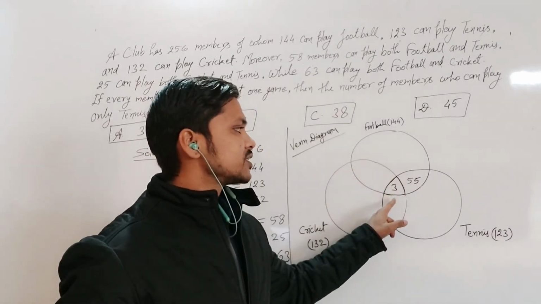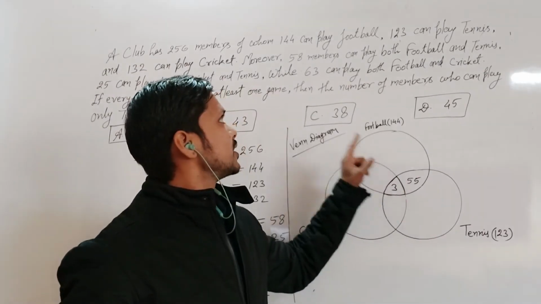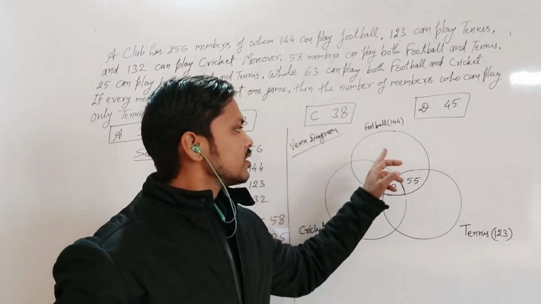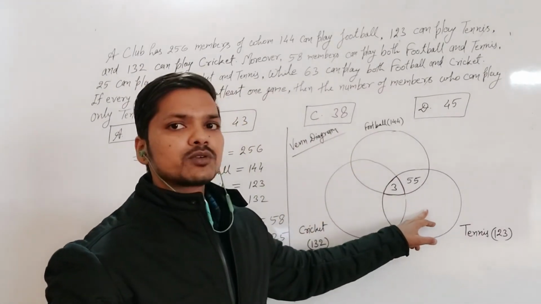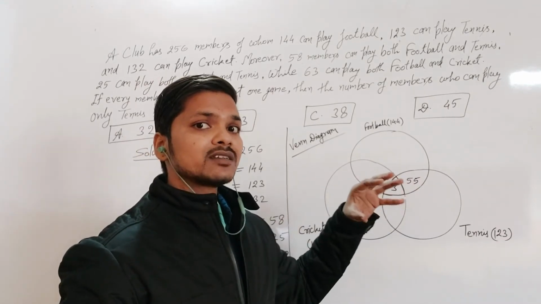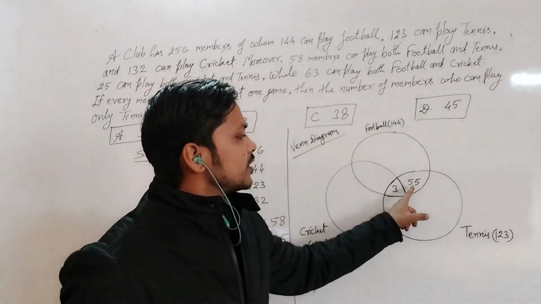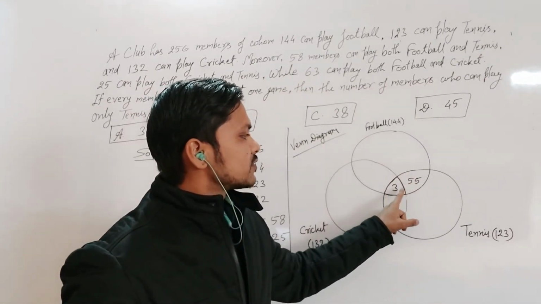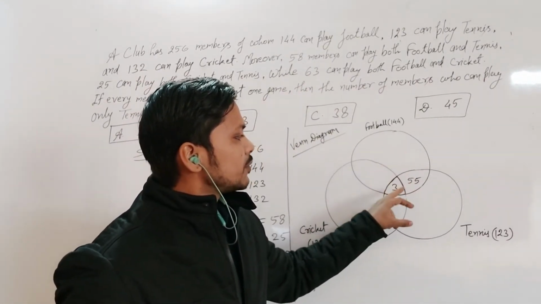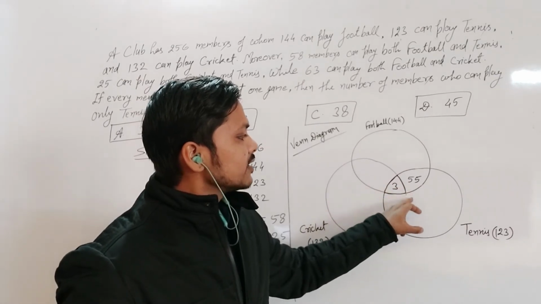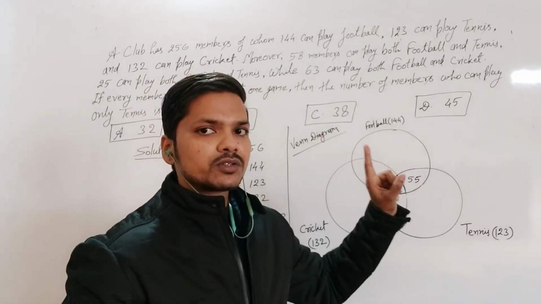So total will be here 61. But we are having the players total 58 players who are playing football and tennis. So we have to just minus 3 with the total number of 58. So here will be 55. Now 55 plus 3 is 58 players. Total 58 players are here who are playing tennis and football both games.